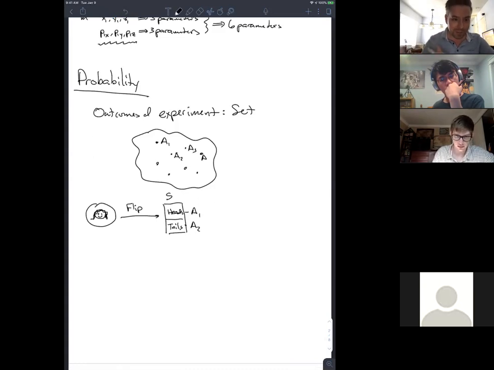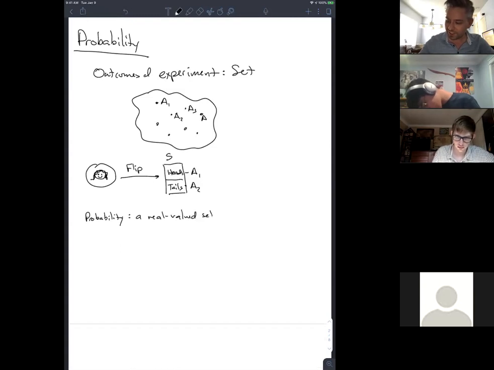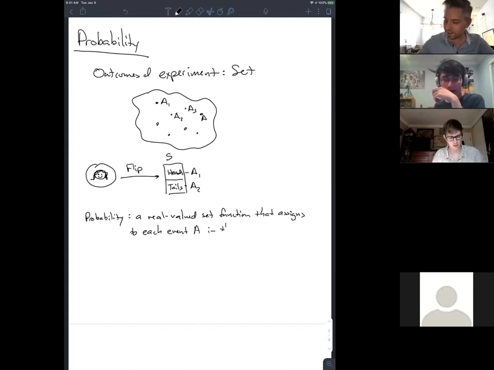Okay, so now what is probability? Let me write it out for you, and then we'll talk about what it means. Probability is a real valued set function that assigns to each event A in the sample set S a number.